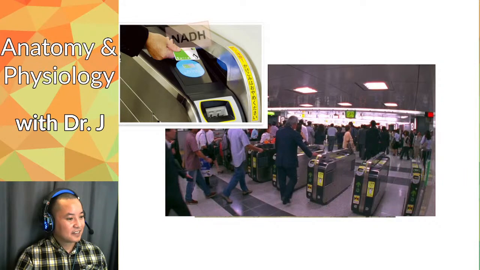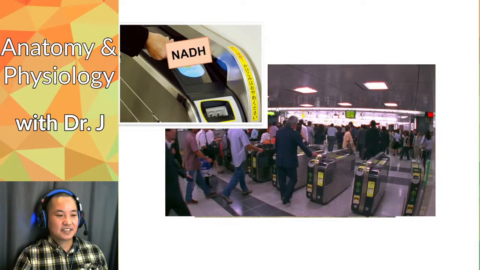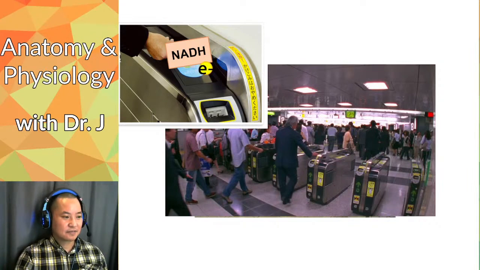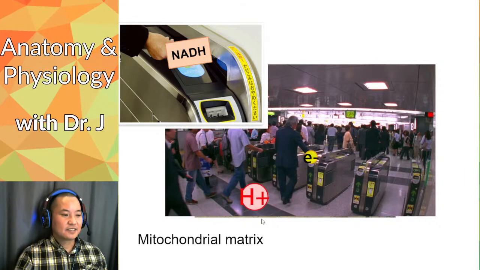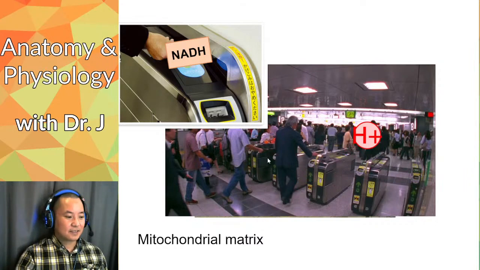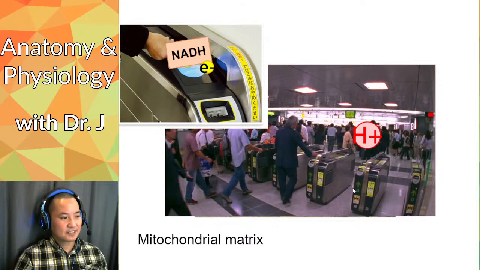So NADH is kind of like that electronic activity that provides the transport of these hydrogen atoms from one space to another. All these little workers are hydrogen atoms, and they're going to use the electrons from NADH to move from the mitochondrial matrix into the intermembrane space. So this is where we have all of these protons being moved via this electron transport system.